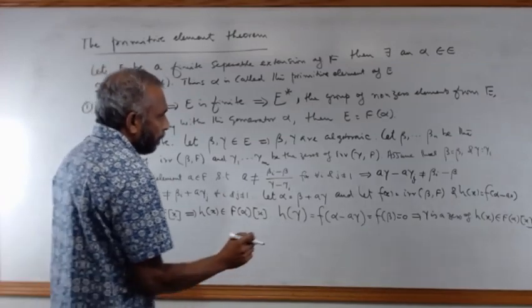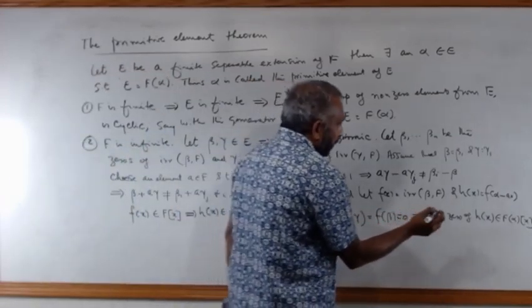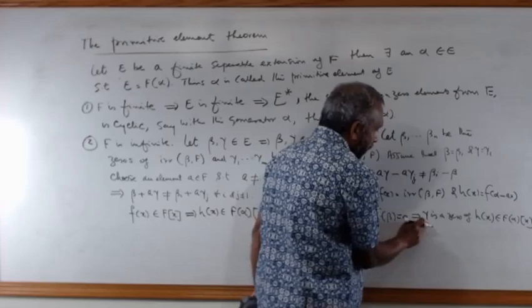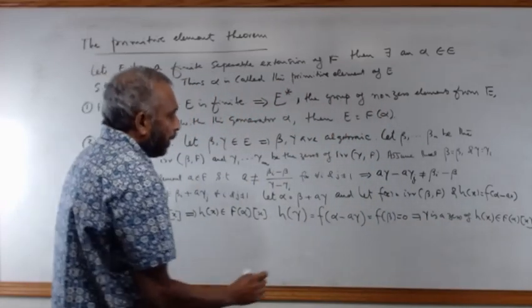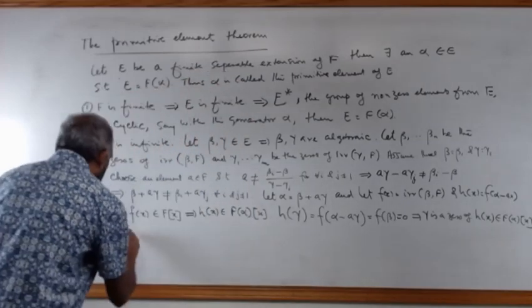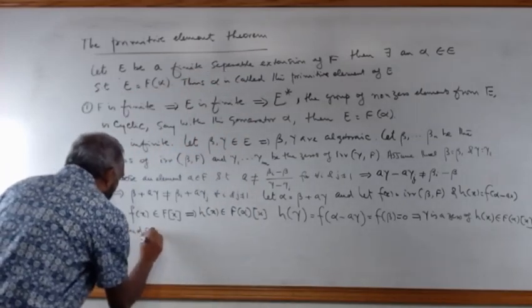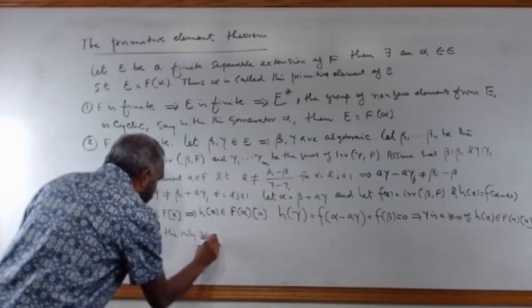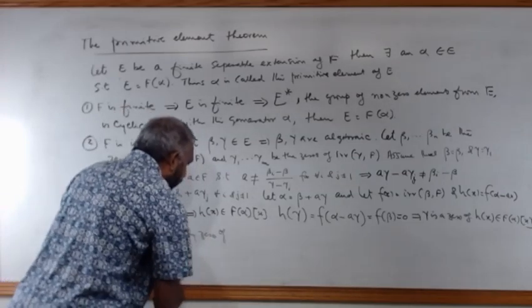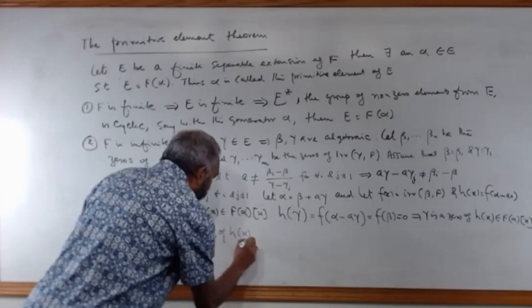And here, this is the only 0 of h of x. And gamma is the only 0 of h of x.